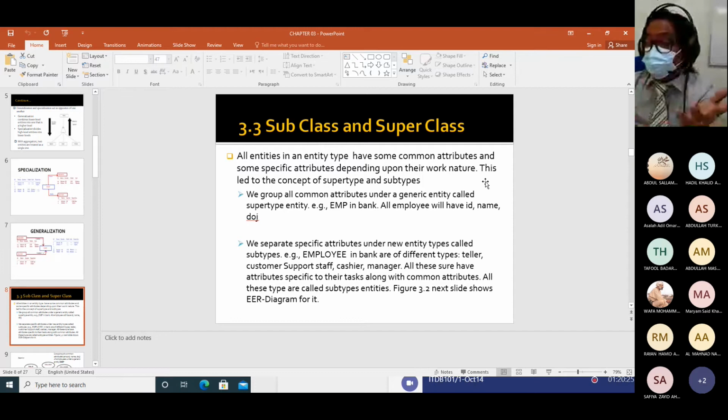Good examples are ID, name, date of joining, if we have employee as the higher level entity. Similarly, the low-level entities have specific attributes which are not common to each specialization. So we call that a subclass.